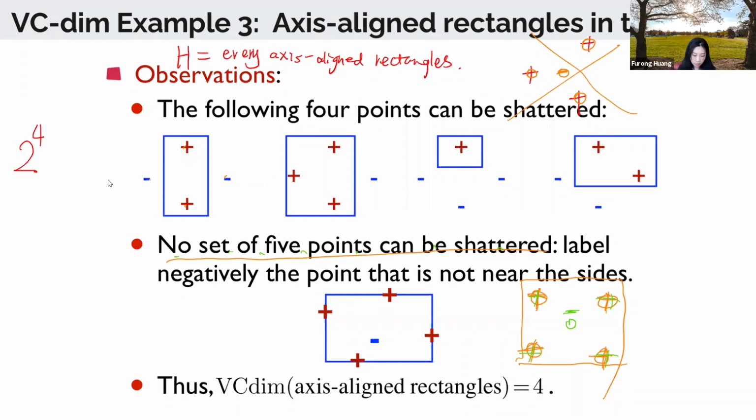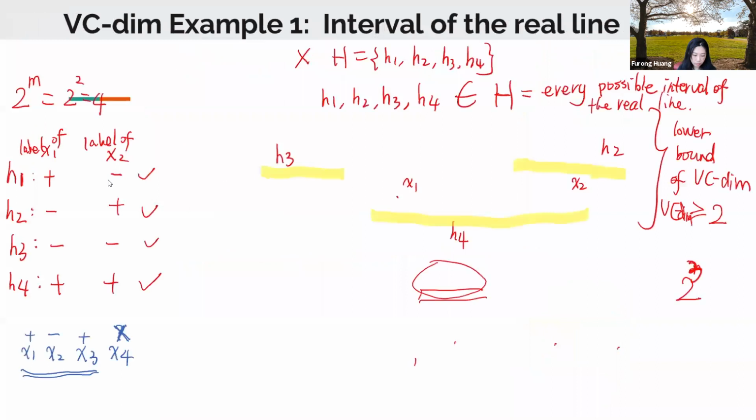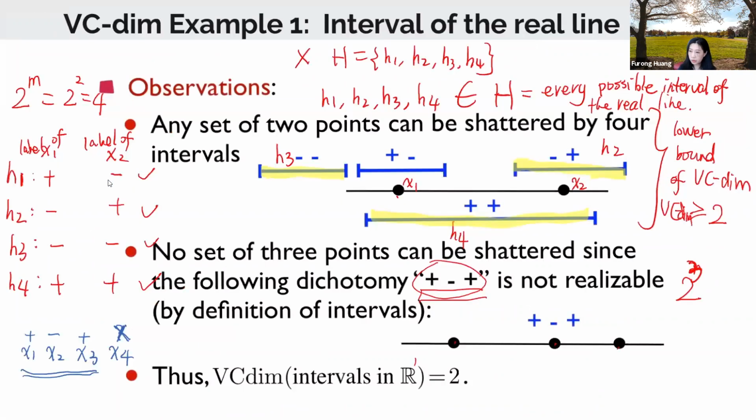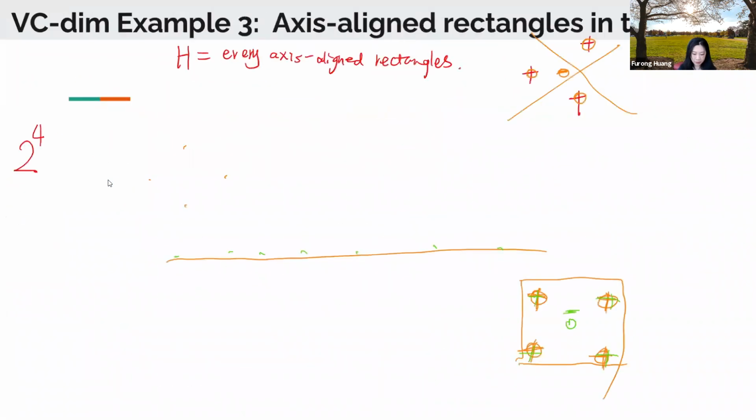Okay, so let's come to this, right? It means no set of size d plus 1 can be shattered by h. Is that what you? I couldn't answer your question. Maybe someone can help me understand the question.